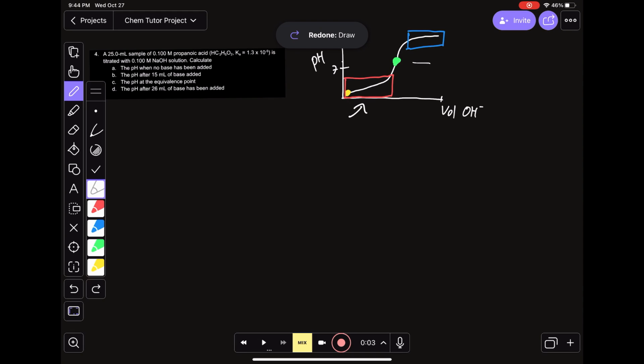So let's go ahead and start with part A, which is pH after no base has been added. Let's first start off by writing down the information that we already have. We have our acid, which is HC3H5O2, with a Ka of 1.3 times 10 to the negative fifth.